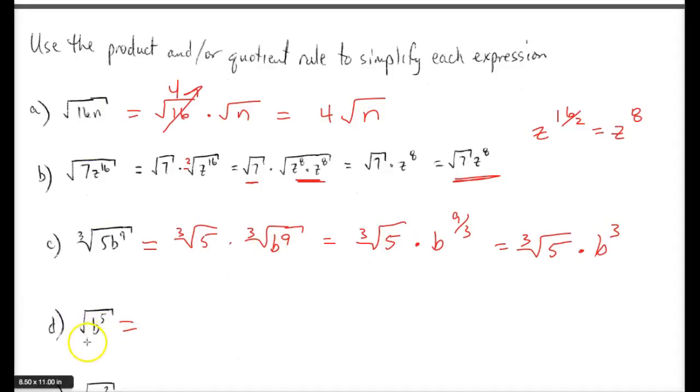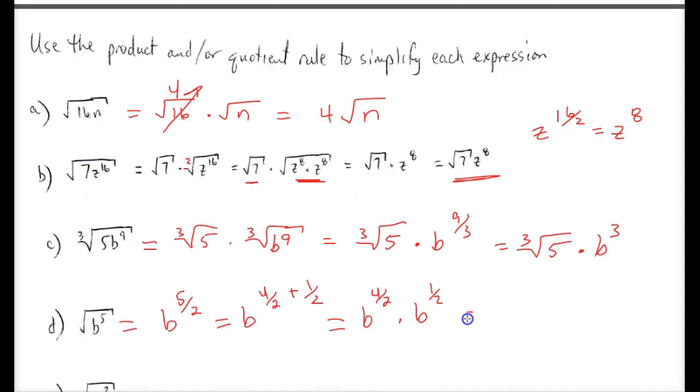So for square root of b raised to the 5 here, notice that one way that we could do this is we could look at this as b raised to the 5 divided by 2, okay? But of course that really doesn't help us to be able to break this down some. So what we could do is look at it this way: rewrite 5 over 2 as 4 over 2 plus 1 over 2, and then use our exponential rules to rewrite like this.